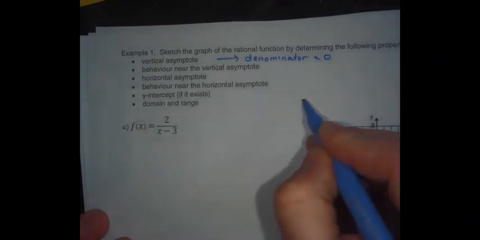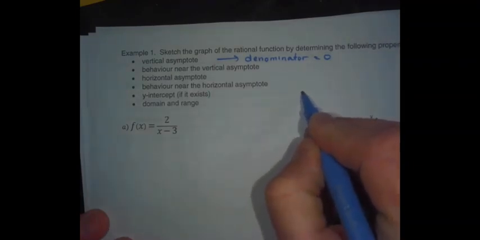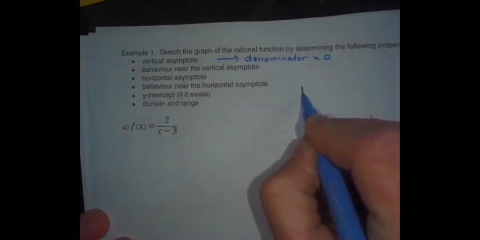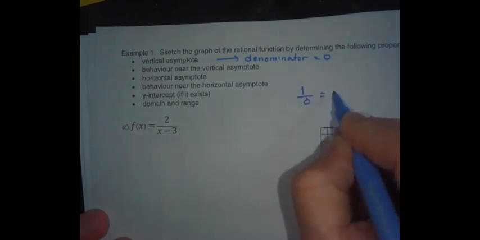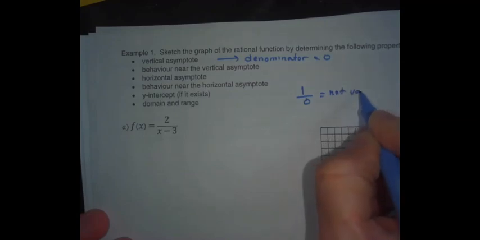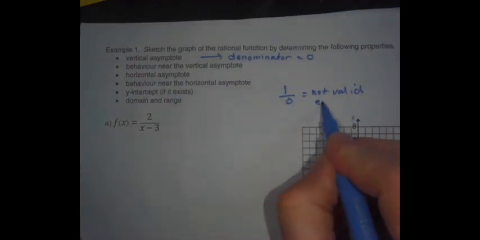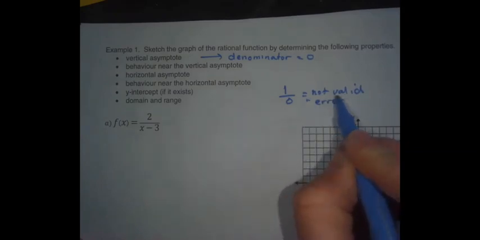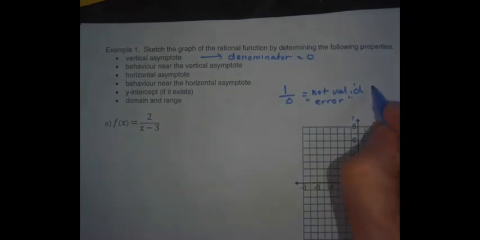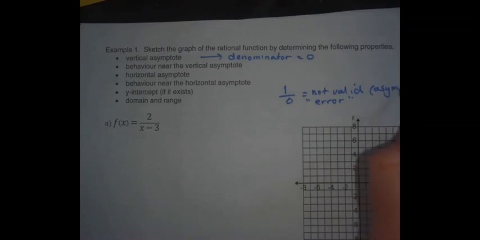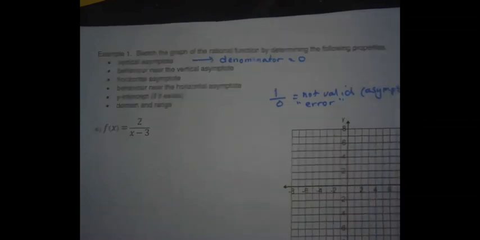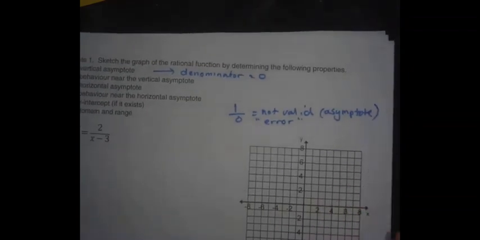If I have anything over 0, that's not valid. There's an error when we do that on our calculator. When we have that error, that's where our asymptote comes in.